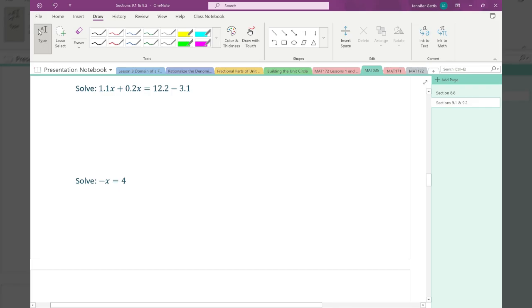So in the next example, what is going to be our first step? So yes, we want to combine our like terms on either side. Okay, so we get 1.3x is equal to 9.1.